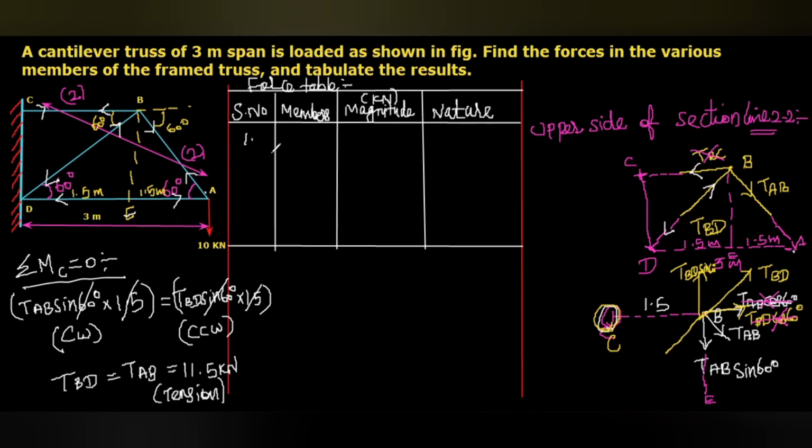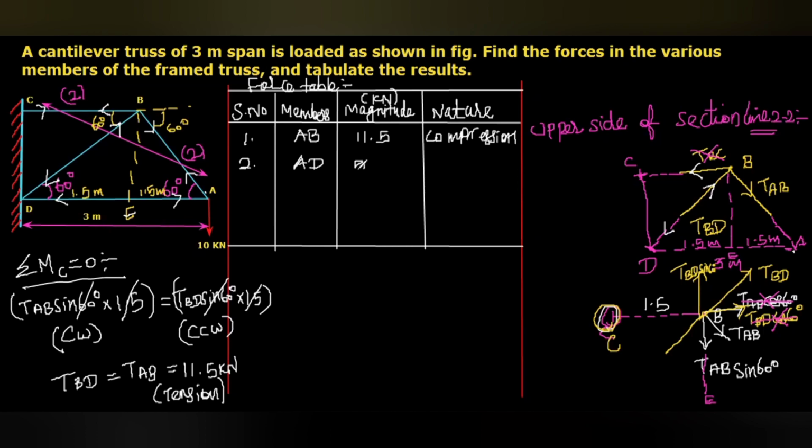First, the member AB. The magnitude will be 11.5 kilonewton, and that is compressive in nature. That is compression. Second one, the member AD.